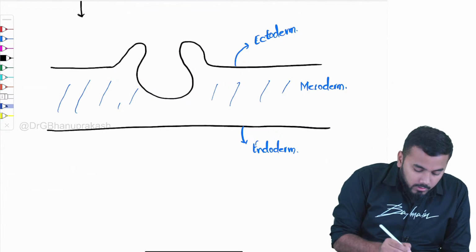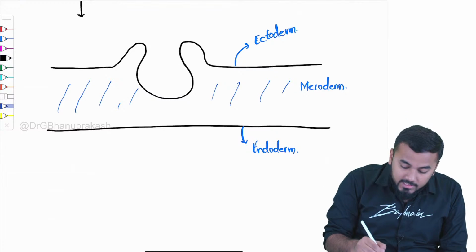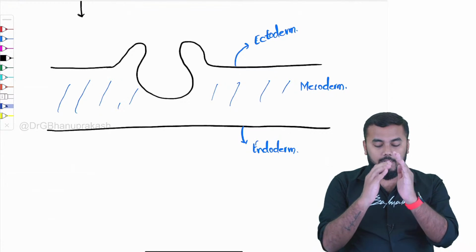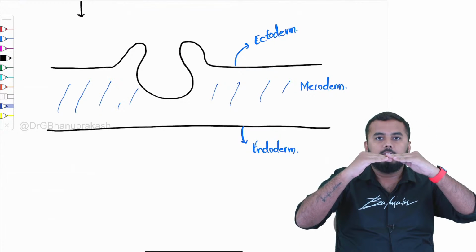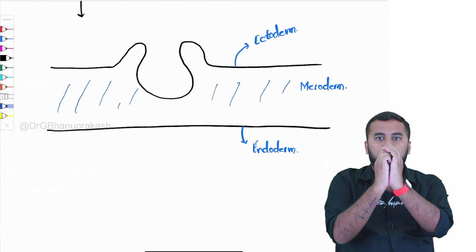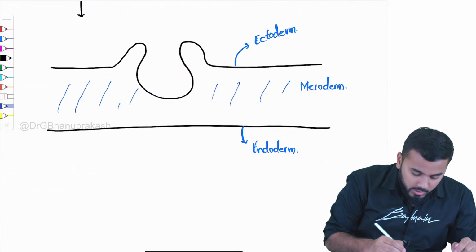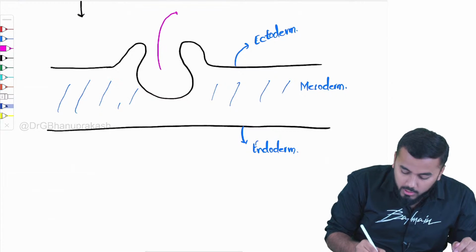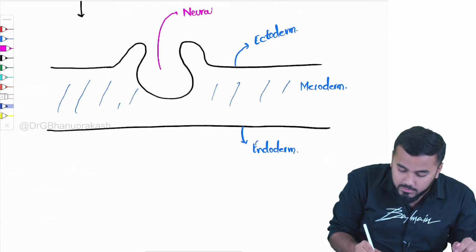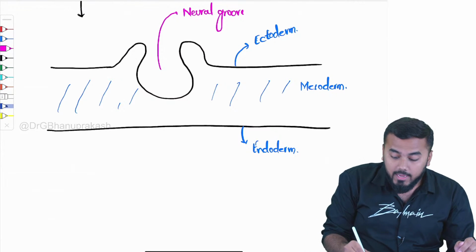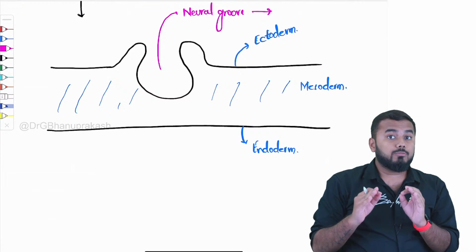Now, look here very carefully. This groove, whatever is there, right? Previously it used to be like this, but now there is a small groove that is formed inside, right? This groove is called the neural groove. Okay, why am I telling you this? Because there are MCQs coming from this.